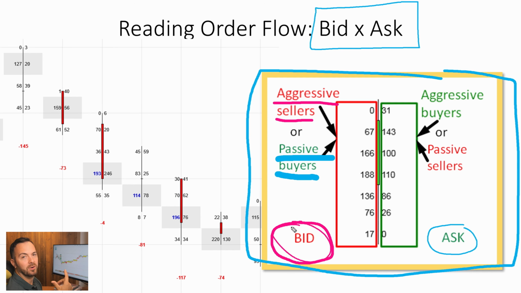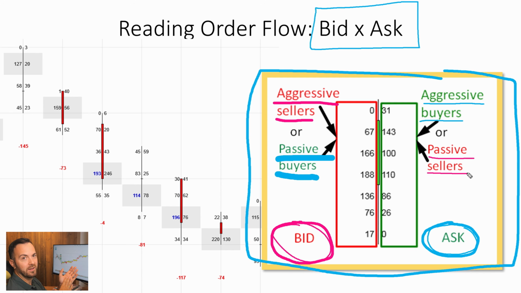If we talk about ask side of the footprint, then there are aggressive buyers. Those are buyers that entered a long trade with a market order, and there are also passive sellers. Those are guys who entered a short trade with a limit order, right?